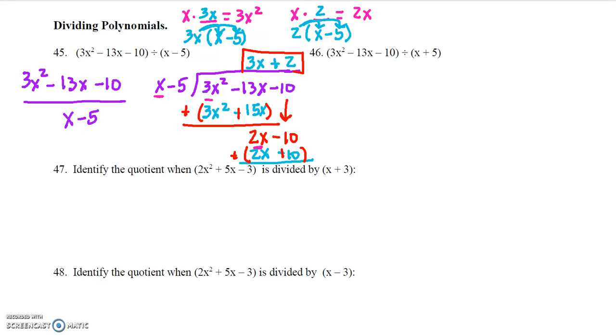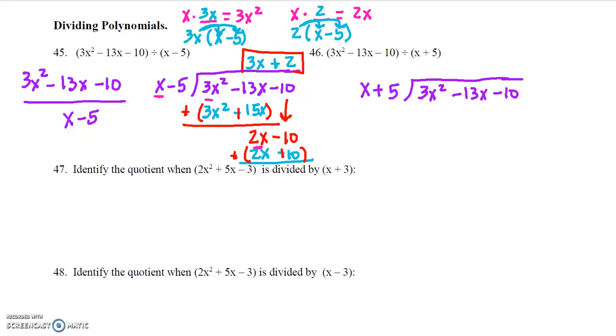Okay? All right, let's try number 46. Again, I'm just going to jump in there and do the long division. Okay, so what we are dividing by, the x plus 5, that goes on the outside of my house. The rest goes underneath, so I have 3x squared minus 13x and minus 10.